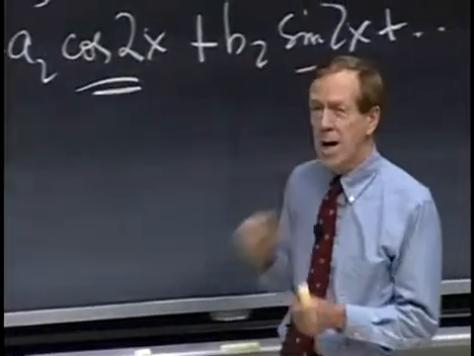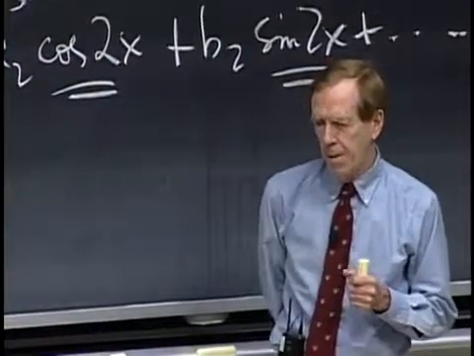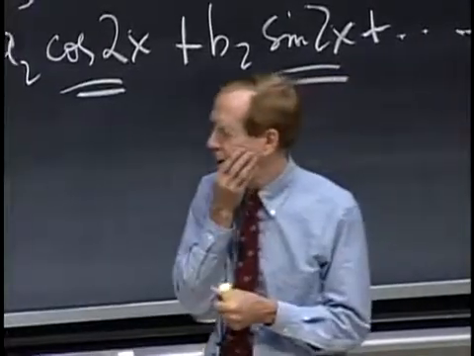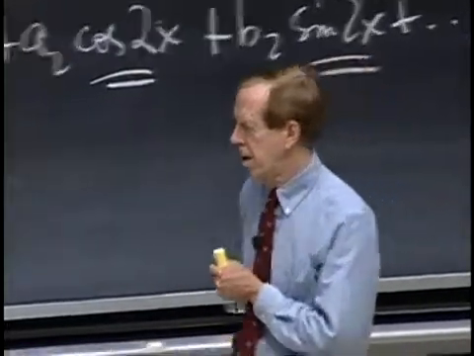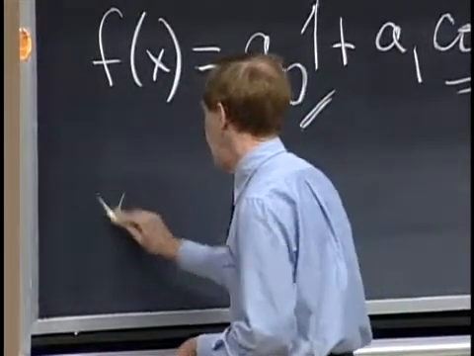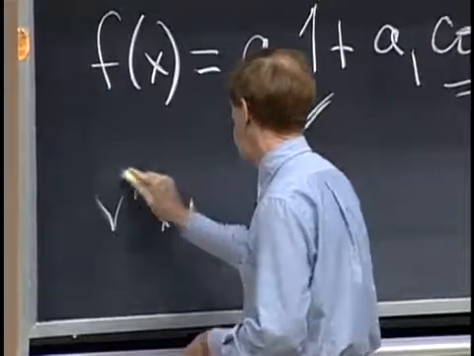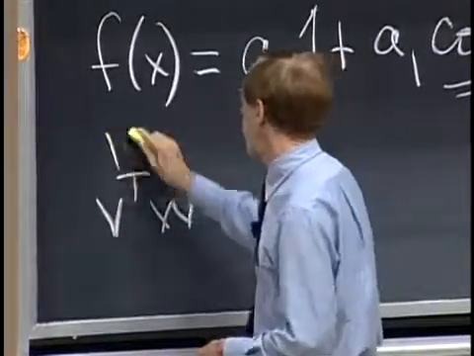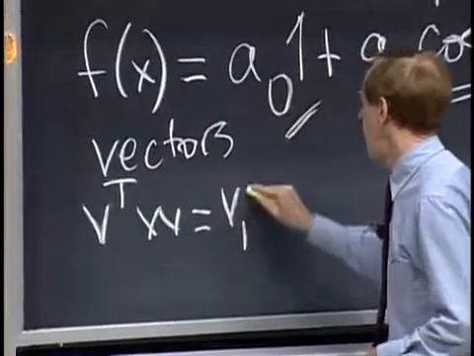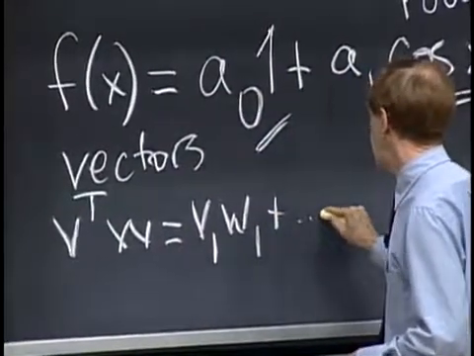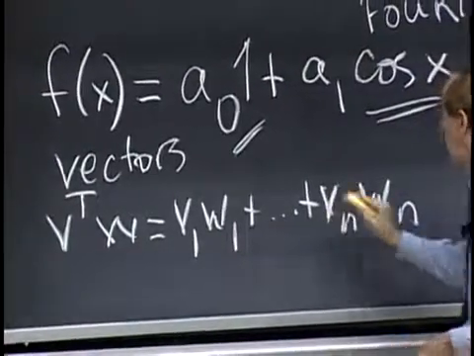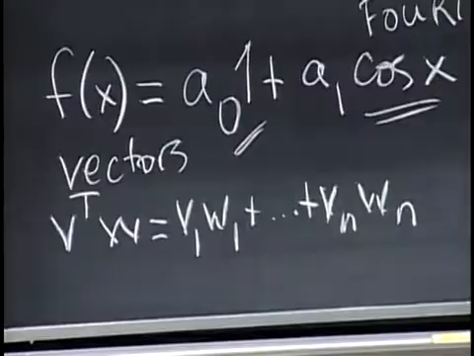And cos x with cos 2x, also 0. So let me tell you what I mean by that dot product. How do I compute a dot product? So let's just remember, for vectors, v transpose w was v1 w1 plus up to vn wn. Okay, now functions.